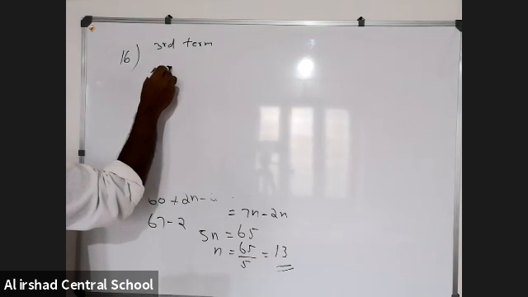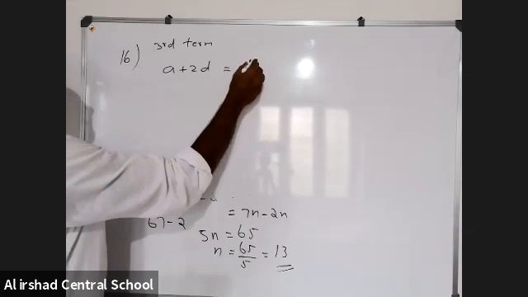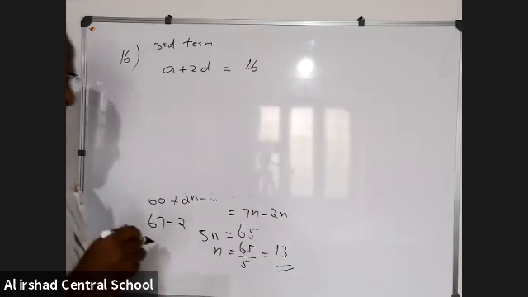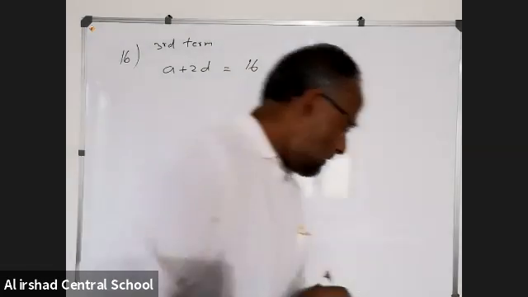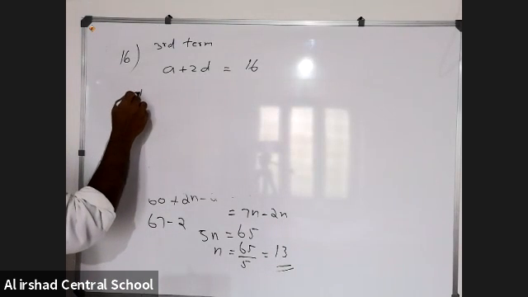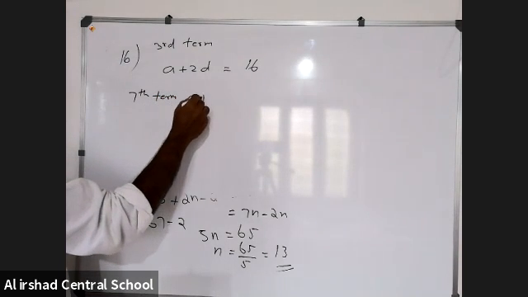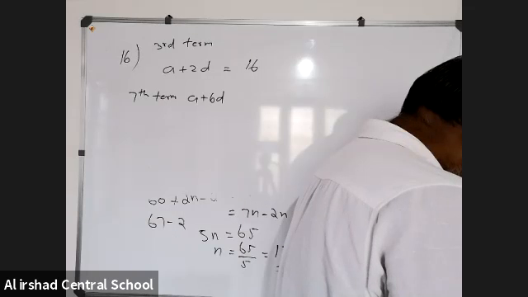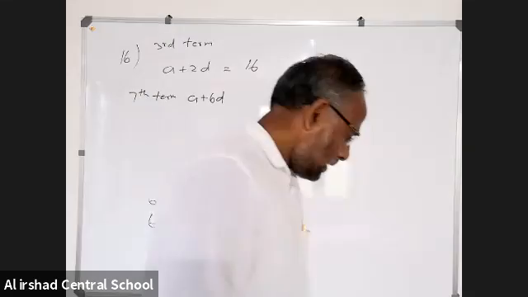That means a plus 2d is equal to 16. Third term is 16, and the seventh term. Now write the seventh term. What is the seventh term? a plus 6d. The seventh term exceeds the fifth term by 12.